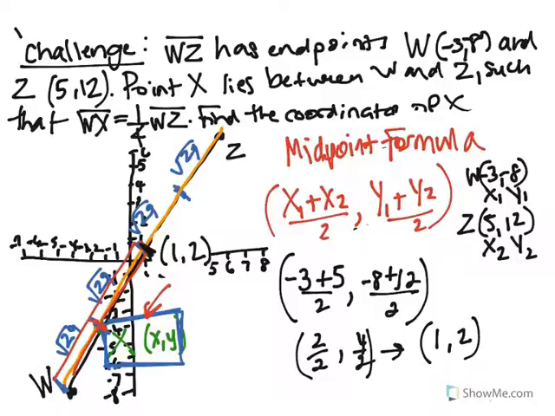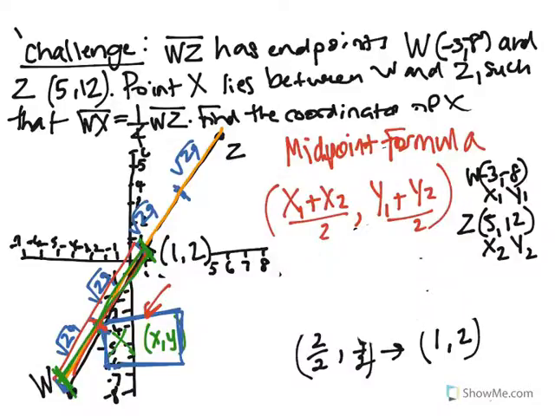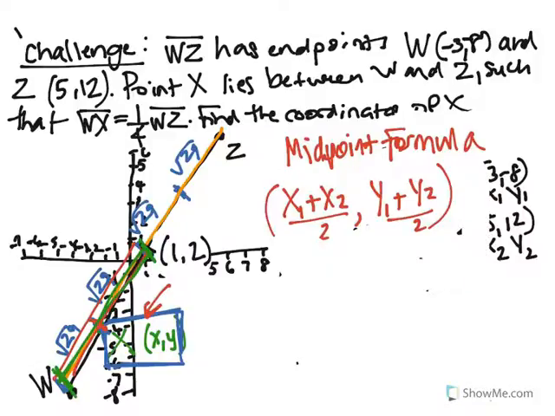Okay, so now I need to find the midpoint of this line to get X. So I'm going to plug my two coordinate values in for that.